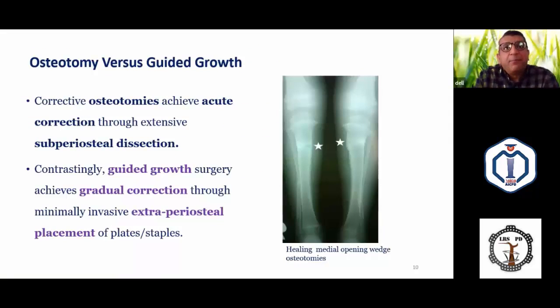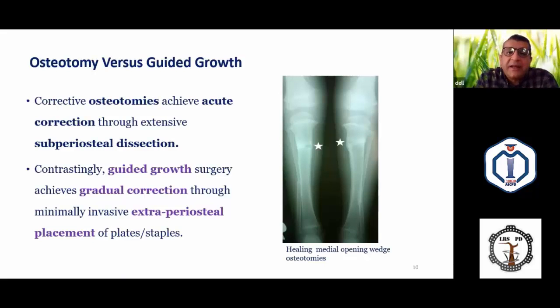But let's have a broader look into the treatment options of angular knee deformities in children, specifically rachitic children. We have two main options. Either you do an osteotomy or you go for guided growth surgery.